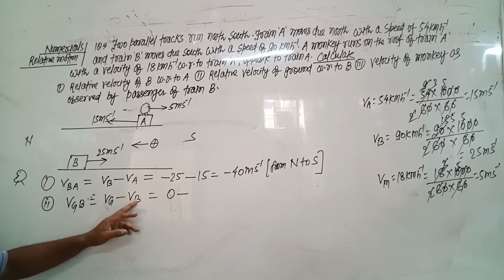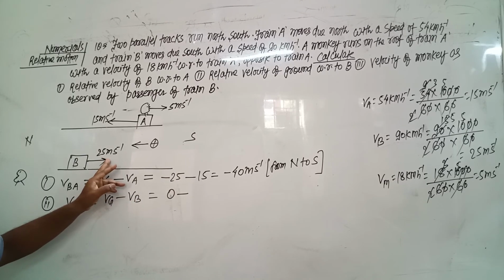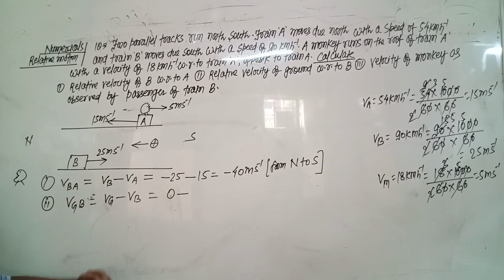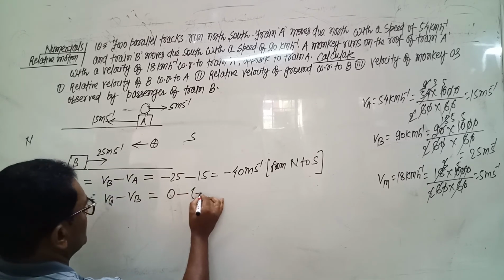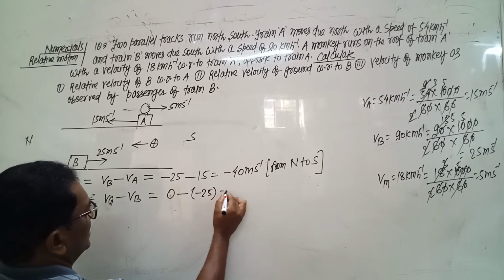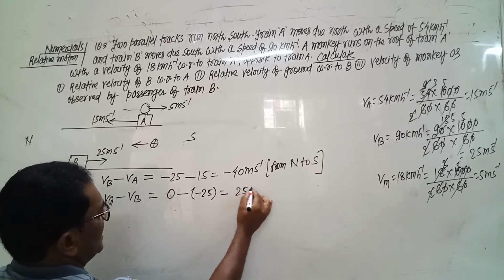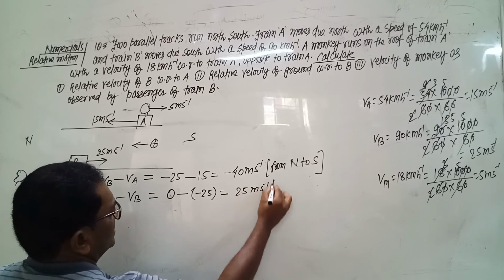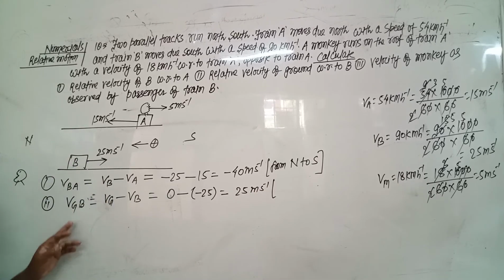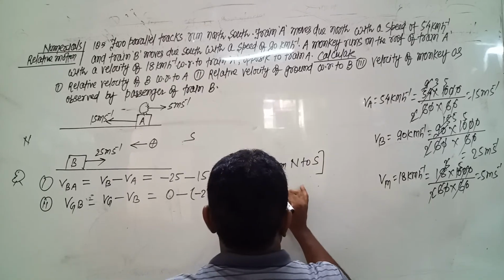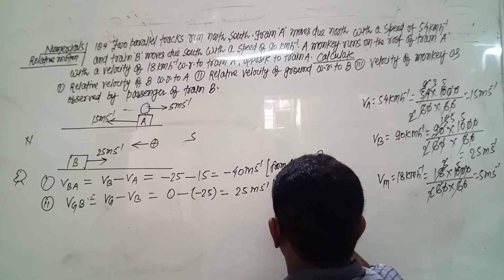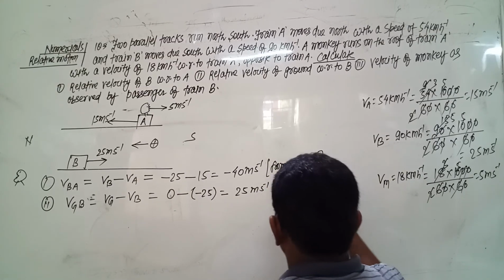The direction of B and our assumed direction are directly opposite, so it would be taken minus 25, and it gives 25 meter per second. It means the relative velocity of ground with respect to B is directed from south to north.